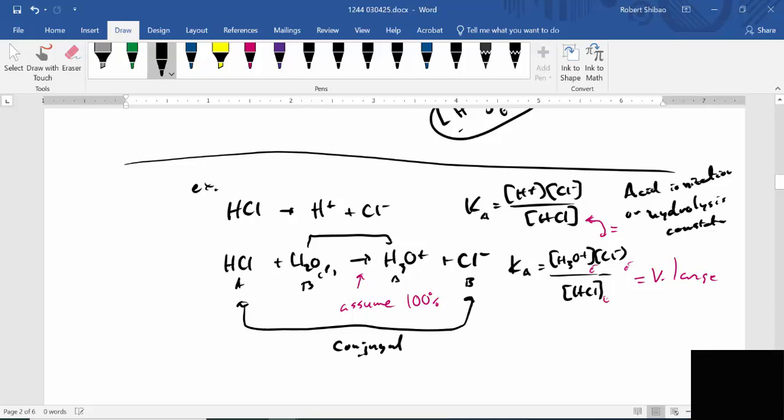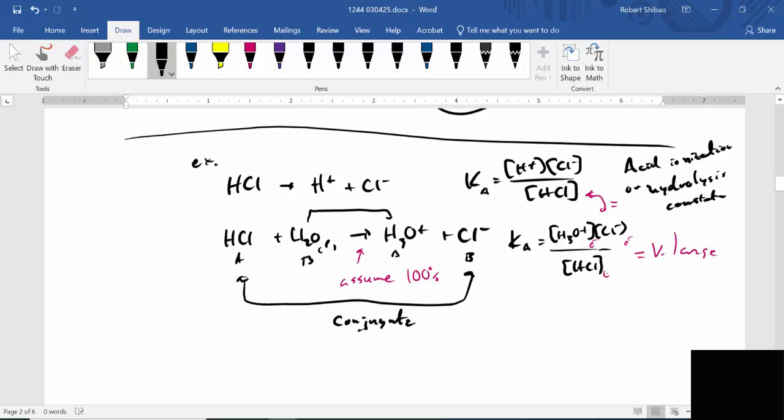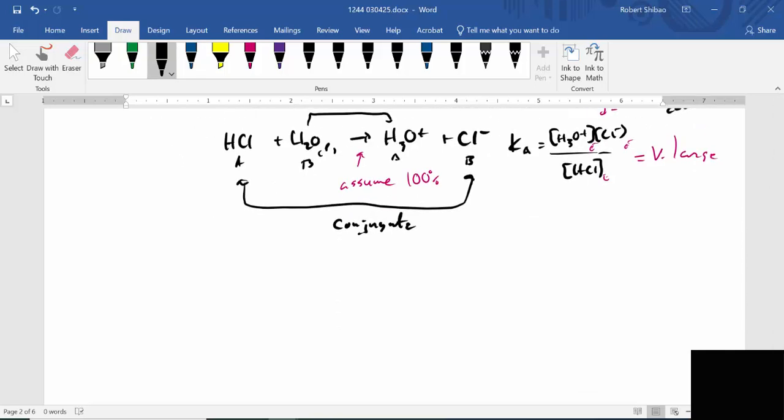Now we're going to have an inverse conjugate relationship, or a seesaw type conjugate relationship. So if Ka for HCl is very large, then the conjugate, the Kb for chloride, will be what? Very small. And so there's an inverse relationship there, which we'll talk about, but we're out of time, so we'll continue this next time.